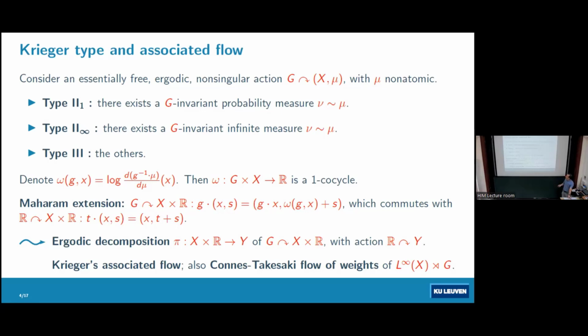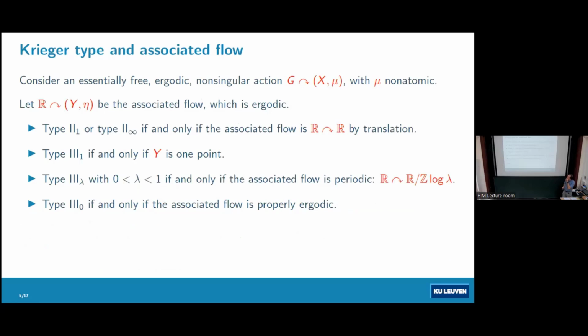Now, this is then closely related to the division in subtypes due to Alain Connes. So again, take your essentially free and non-singular action. Type 2-1 and type 2 infinity, so the semi-finite case, is exactly characterized by the associated flow being just the translation action of the real line on itself.